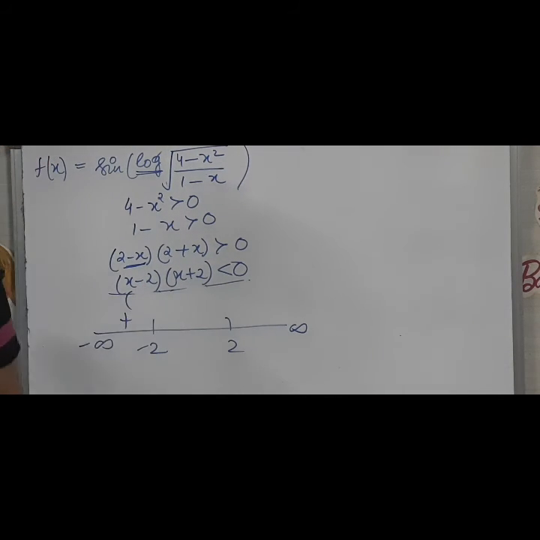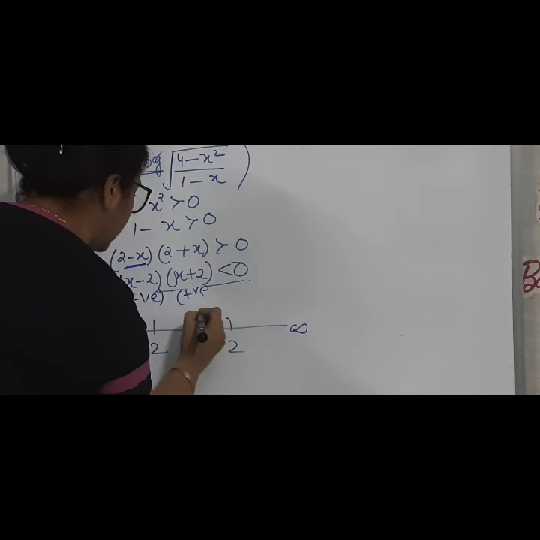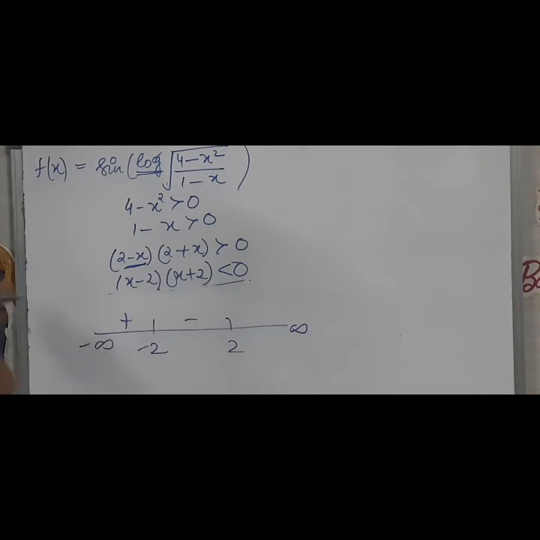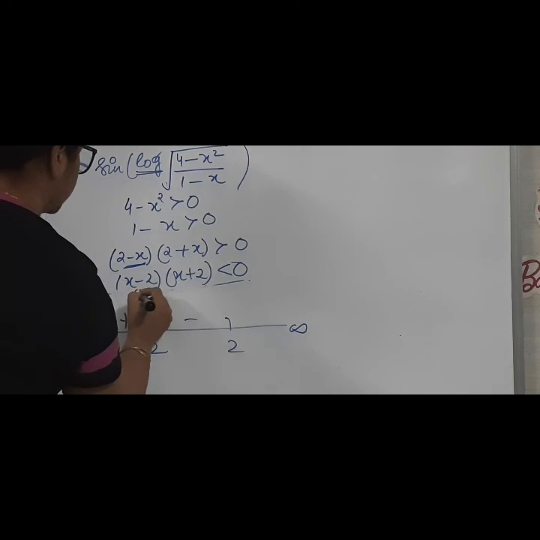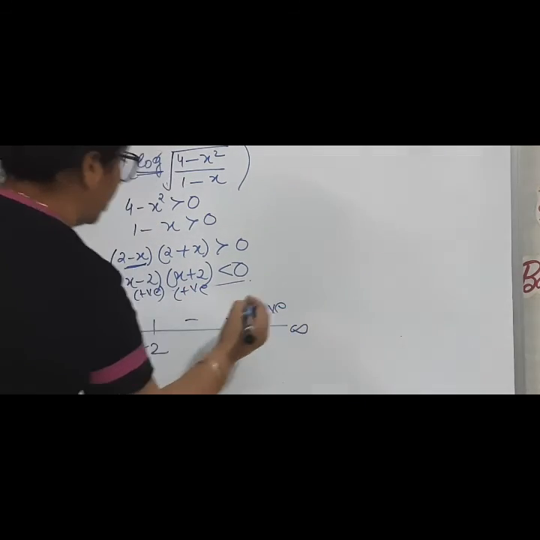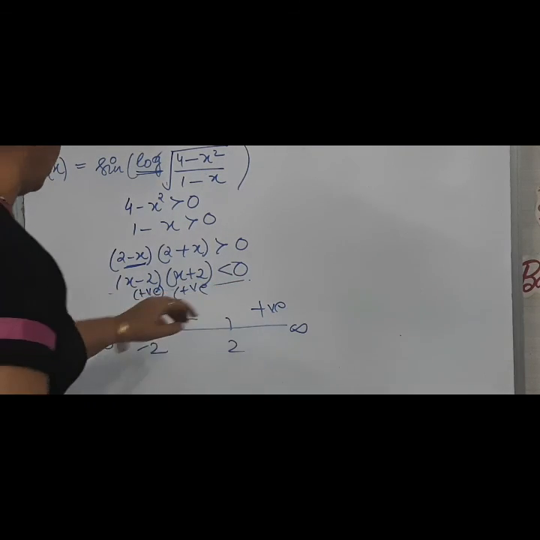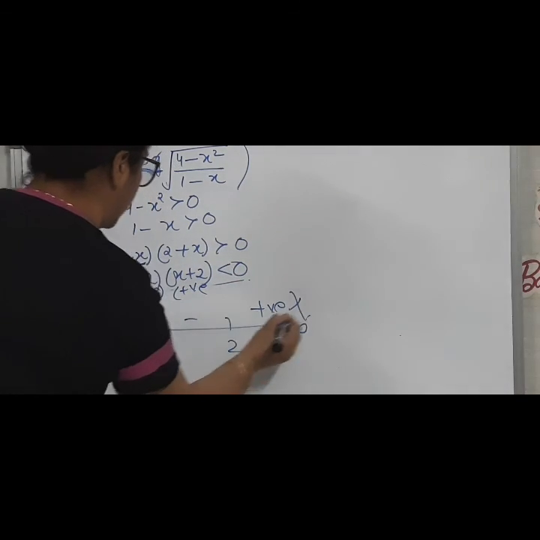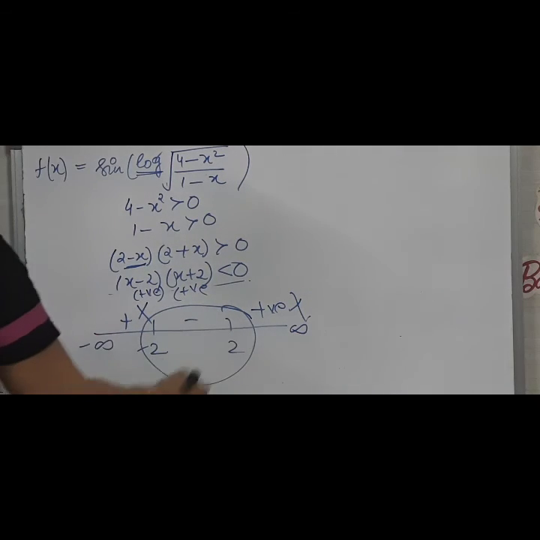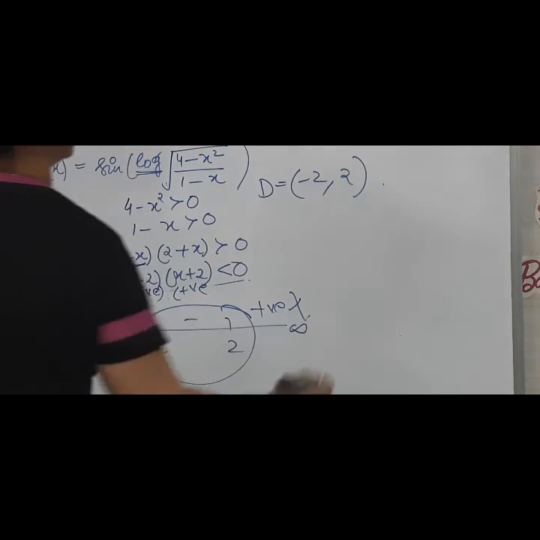Now coming to minus 2 to 2, let's take 0. Negative and positive, it becomes negative. Let's take 2 to infinity, 3. 3 minus 2 is positive, and this also becomes positive. I got positive. My condition is less than 0. I cannot take these two. I should take this. That means the domain will be minus 2 to 2 satisfying this equation.